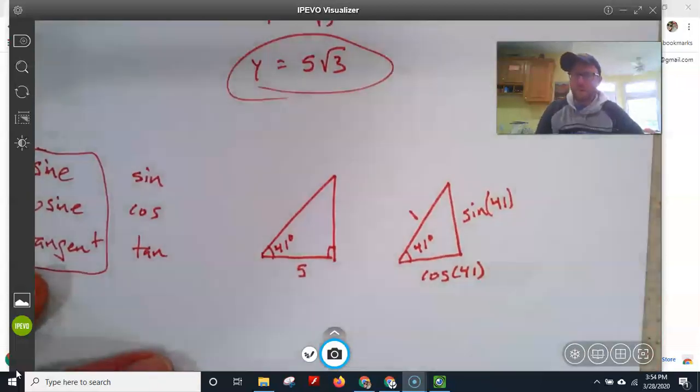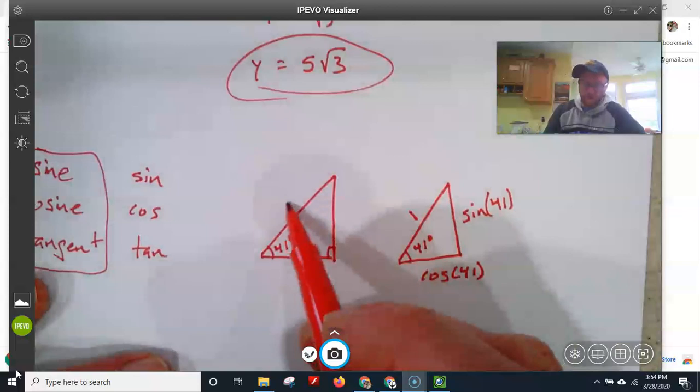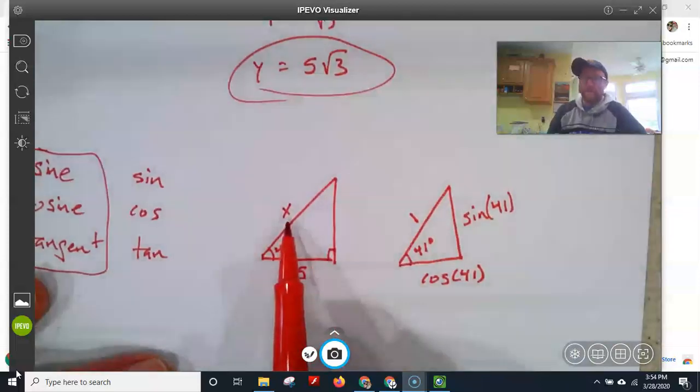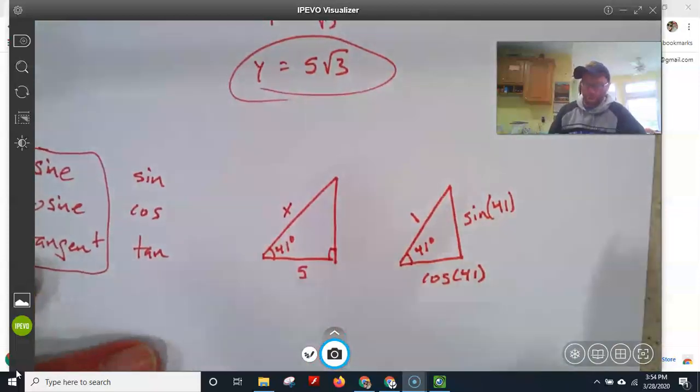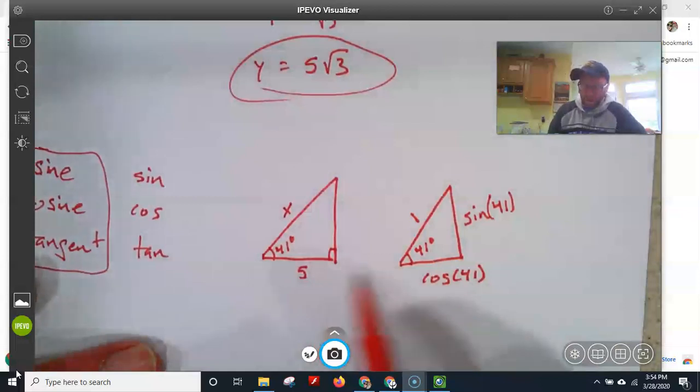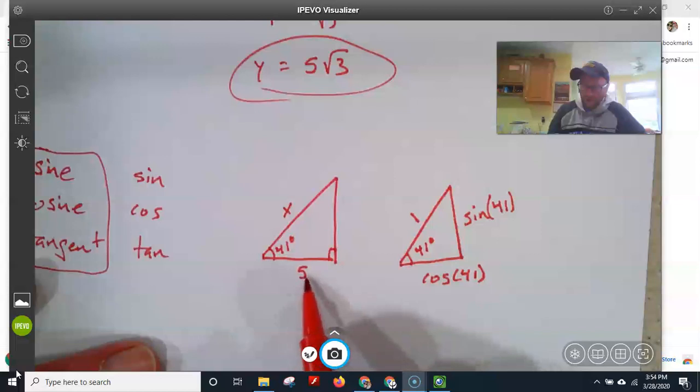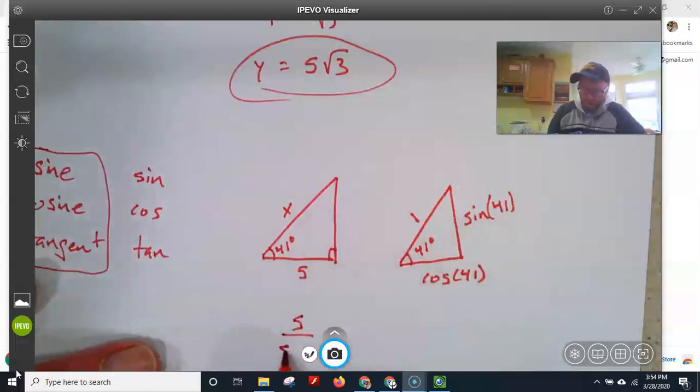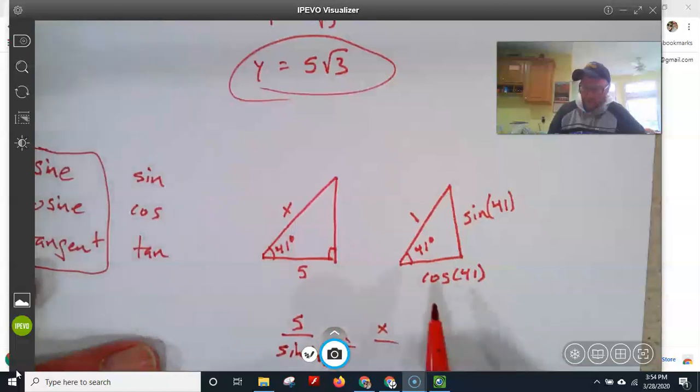And so we could set it up kind of the same way. Okay, so I want to find, say, x over here. So I would say 5 to sine of 41 degrees equals x to 1.